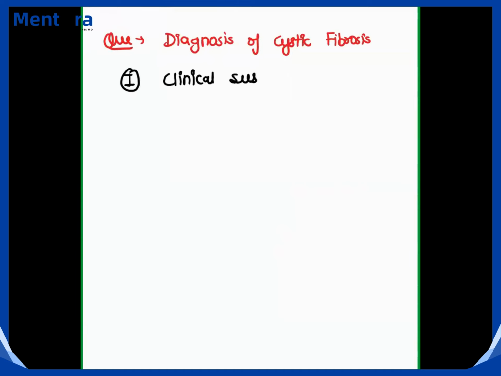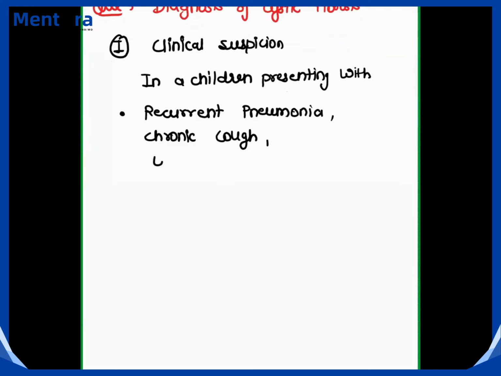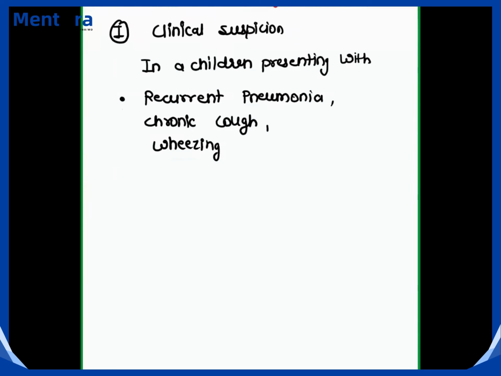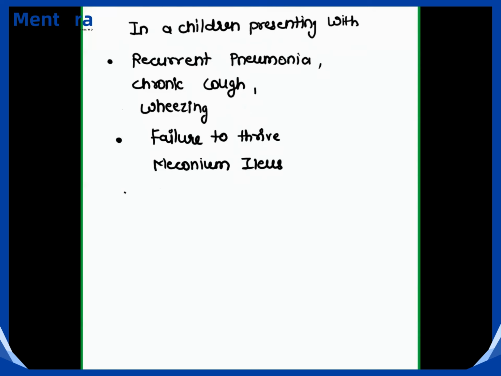Clinical suspicion arises when a child is presented who is suffering from recurrent pneumonia, having chronic cough, wheezing, if the child has failure to thrive, history of meconium ileus, and also there is family history of cystic fibrosis.